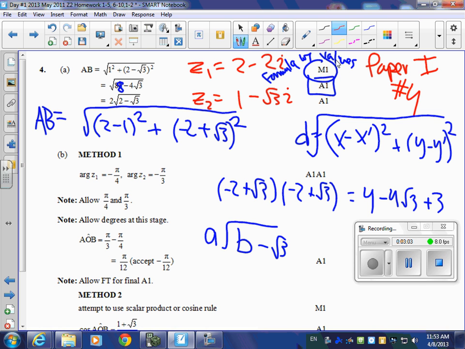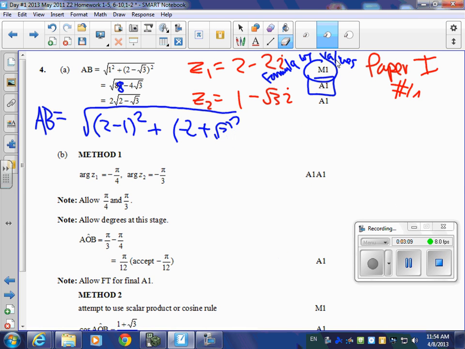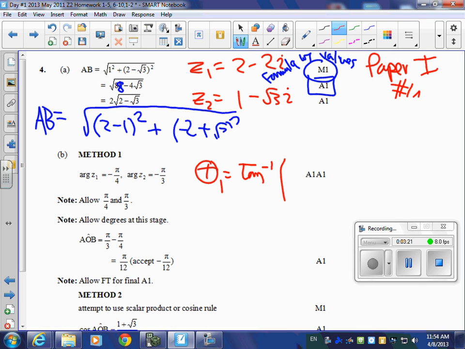B is what's the angle difference between them. We need to talk about that. So with that, you're going to need to take each of these inverse tangent. The angle for Z1 is the inverse tangent of the y part over the x part. Negative 2 over 2. And what's the inverse tangent of negative 1?